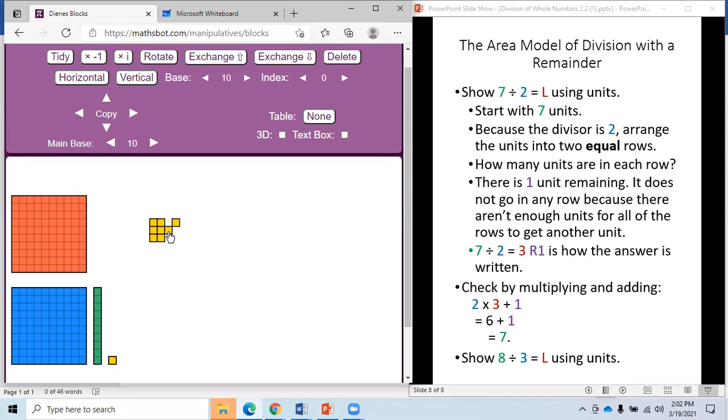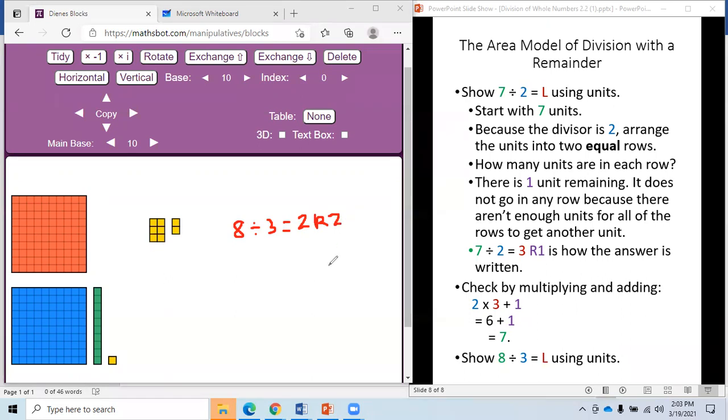So those 2 blocks must be my remainder. I could say then that 8 divided by 3 is equal to 2 because I have 2 units in each row, remainder 2.